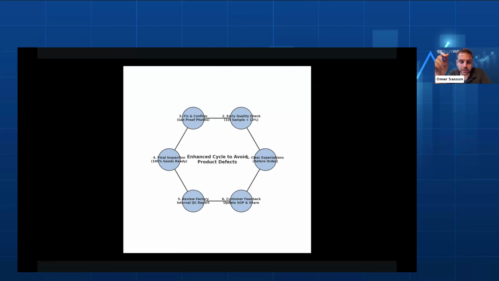Now, point number 6, which is most important. You do all this process of inspection, and eventually you send the product to the marketplace, Amazon, Shopify, wherever. And you're going to have reviews.